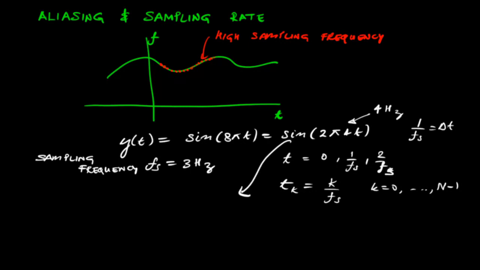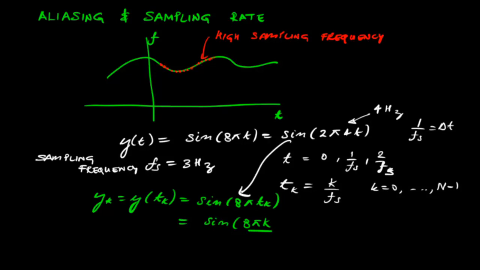What we'll measure is the signal yk, which is simply y at discrete times, y of tk, and that is equal to sine of 8 pi tk, which is equal to sine of 8 pi k over Fs, where the sampling frequency in our case is 3. So these are the samples that you're going to get.